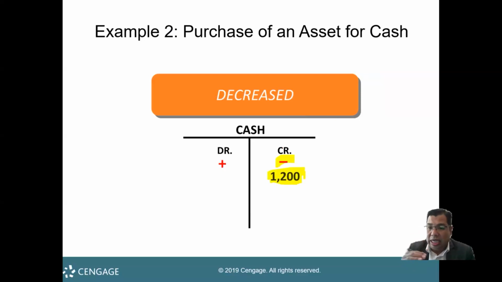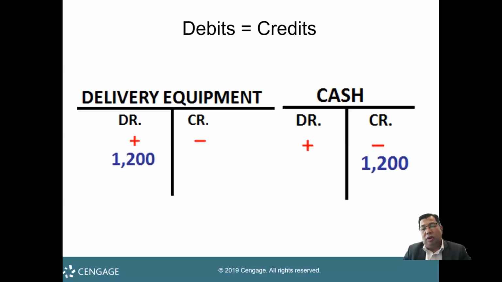So this is a decrease in cash. So overall, in the second transaction, we're going to debit our delivery equipment and credit our cash account. So debit delivery equipment, credit cash by the amount of $1,200.